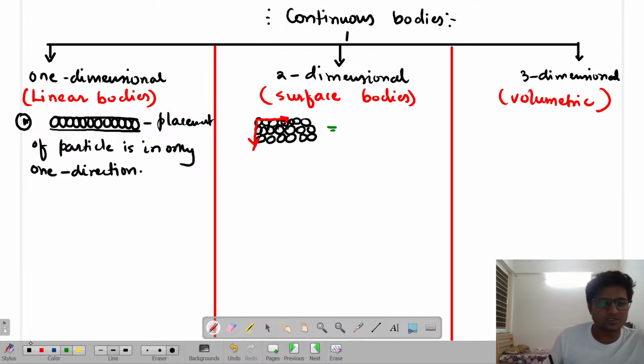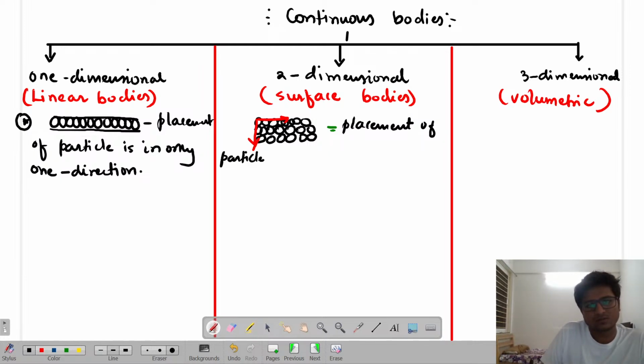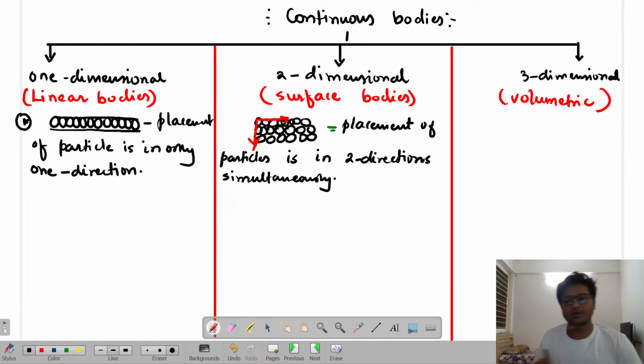So surface bodies are those bodies in which the placement of particles is in two directions at the same instant of time. Are you able to get me or not?